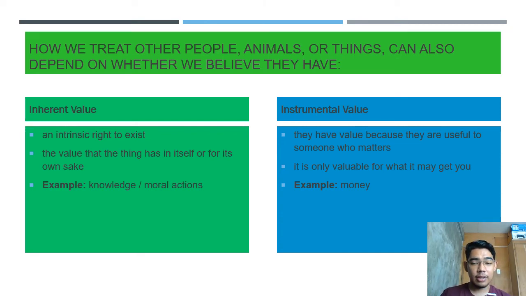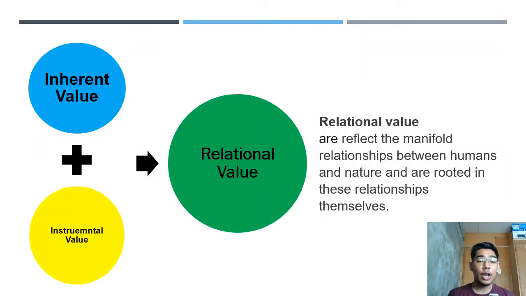Moving forward, inherent value plus instrumental value results in relational value. I would like to add that inherent value may, however, possess instrumental value. Why does inherent value plus instrumental value result in relational value? Because relational values reflect the manifold relationships between humans and nature and are rooted in these relationships themselves.